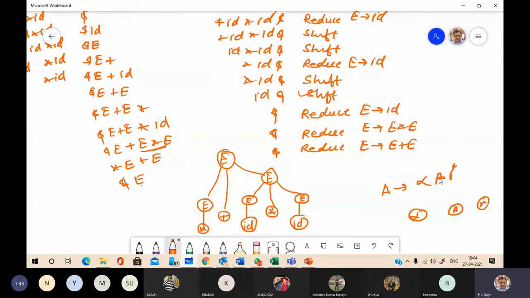What do you have to do? You have to create an internal node for A and connect alpha, beta, gamma on the reduce action. And at the end, you will get the syntactic structure.